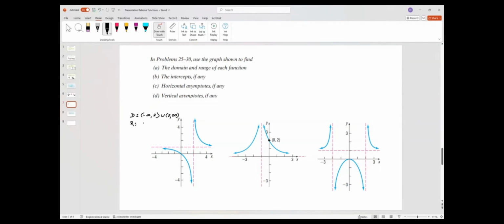So you can say that the range of the function goes from negative infinity to 1 union from 1 to positive infinity. Intercepts, we have the intercept at (0, 0). There is no other intercept.